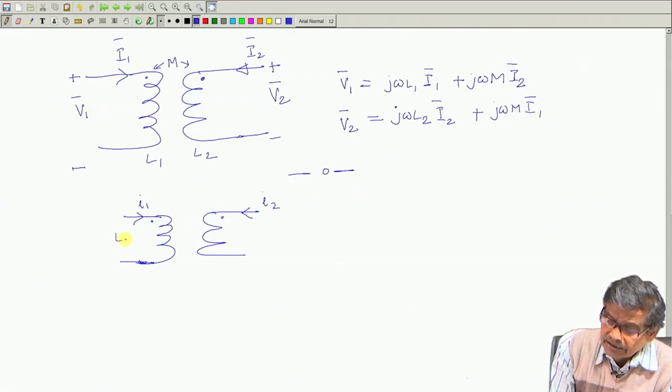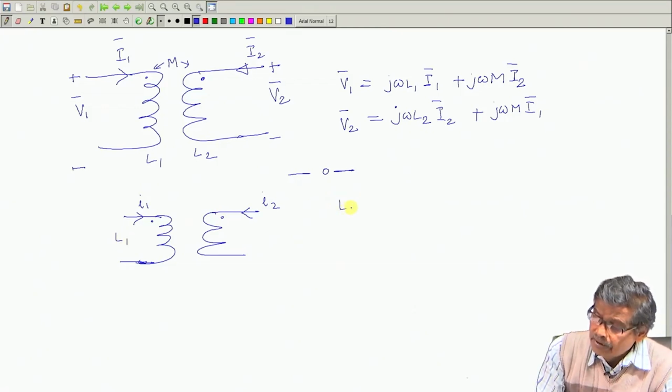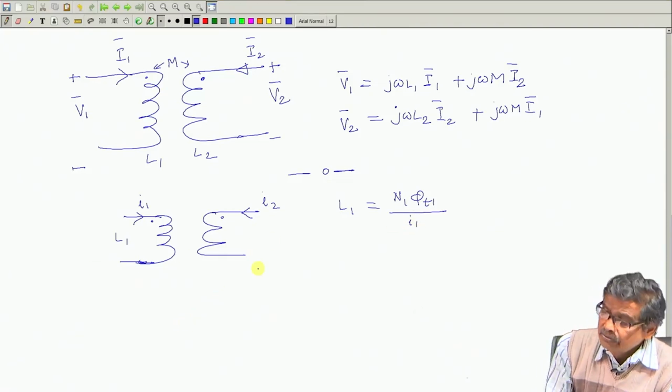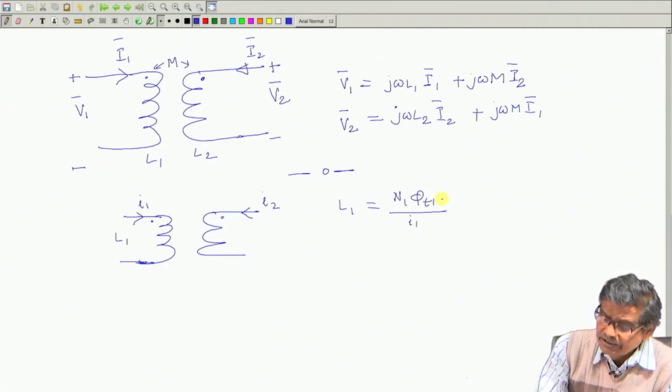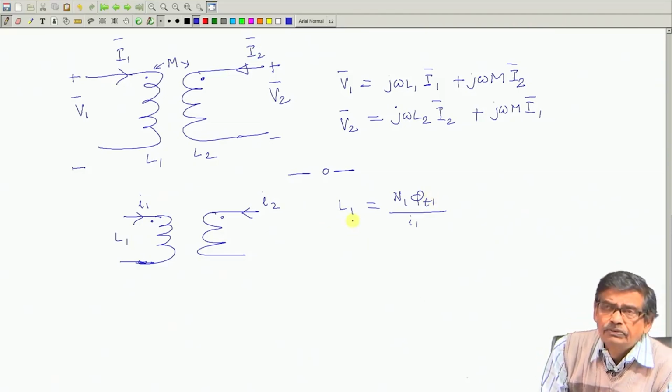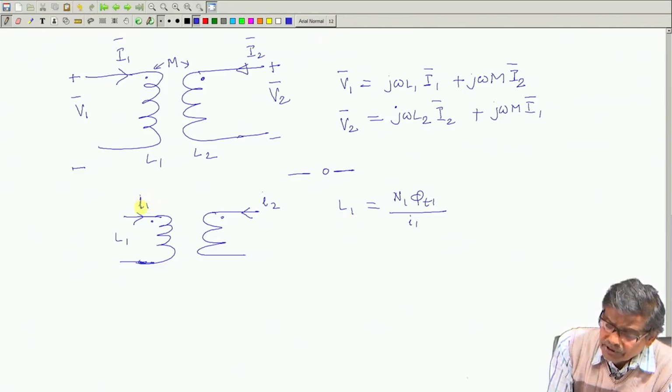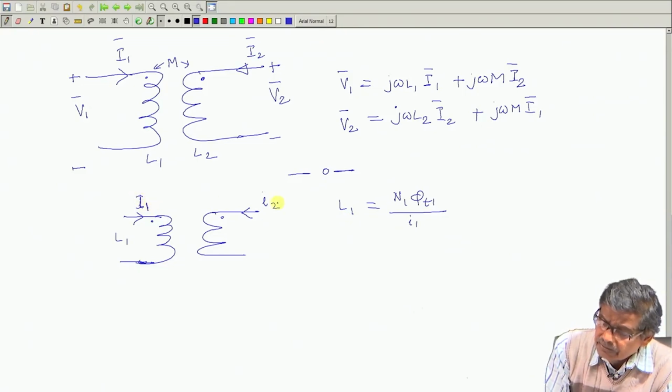I told you that L1 is equal to N1 phi T1 total flux linkage per unit current I1. So this is the self inductance. In the time domain, it will be the instant value of current, but the L1 value will be like that. Now suppose constant values are flowing, this is I1, this is I2.